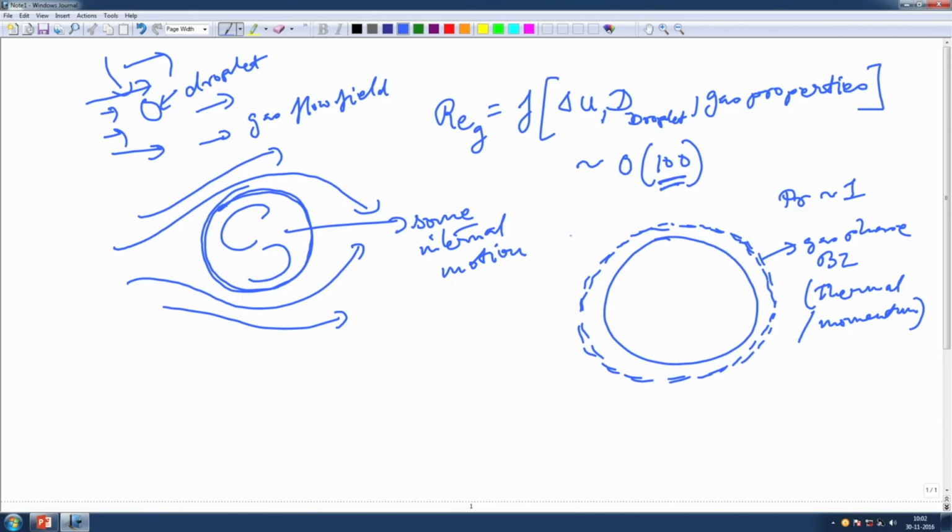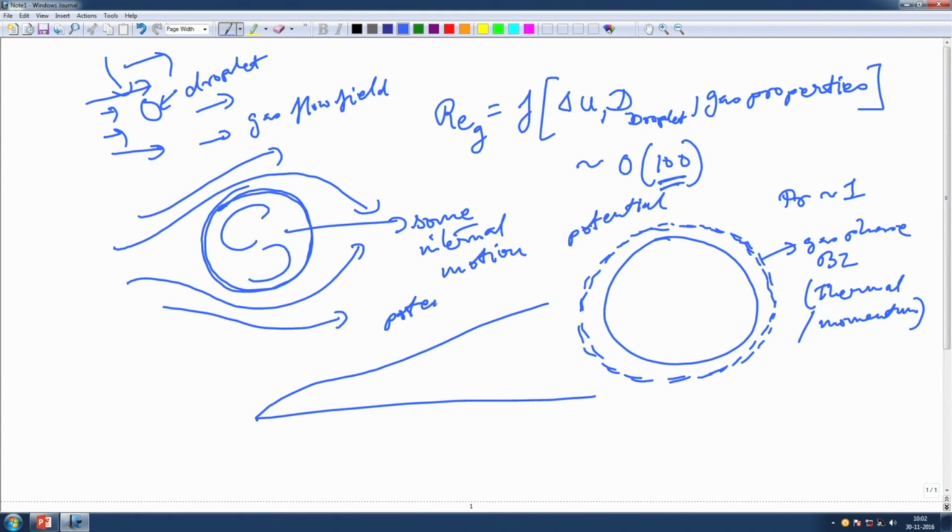Beyond that it is all potential flow. That is what we are normally accustomed to seeing: it is potential flow outside, and only in the boundary layer do you have all these effects. If you recall your fluid dynamics course, for a flat plate boundary layer, this is how the boundary layer evolves.